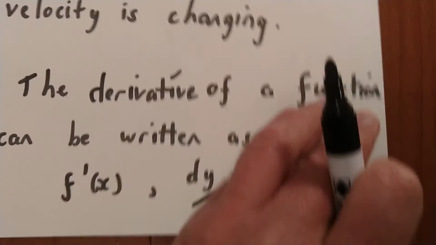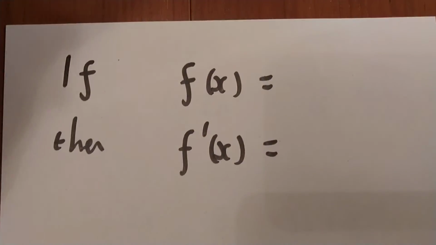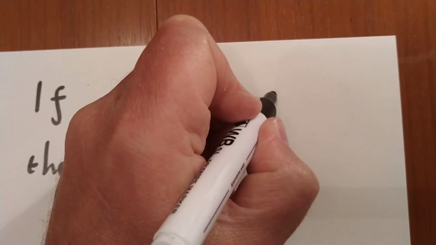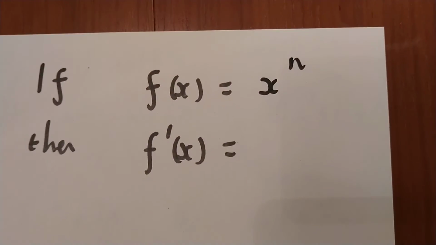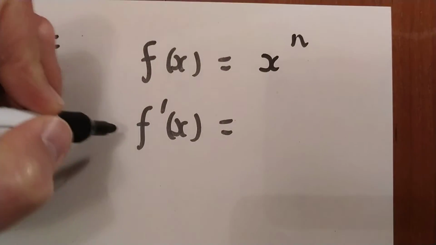So let's consider the rule and some examples. On page 2 in your notes, if a function is equal to x to some power, x to some number, how do we get the gradient? How do we get this derivative?